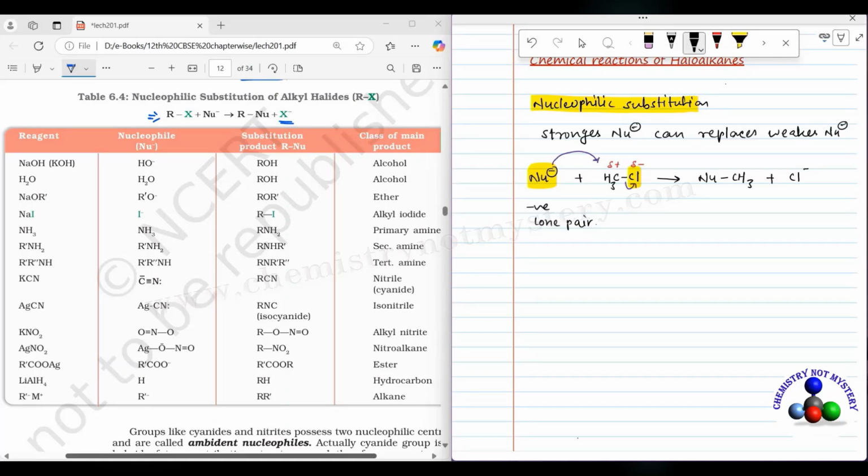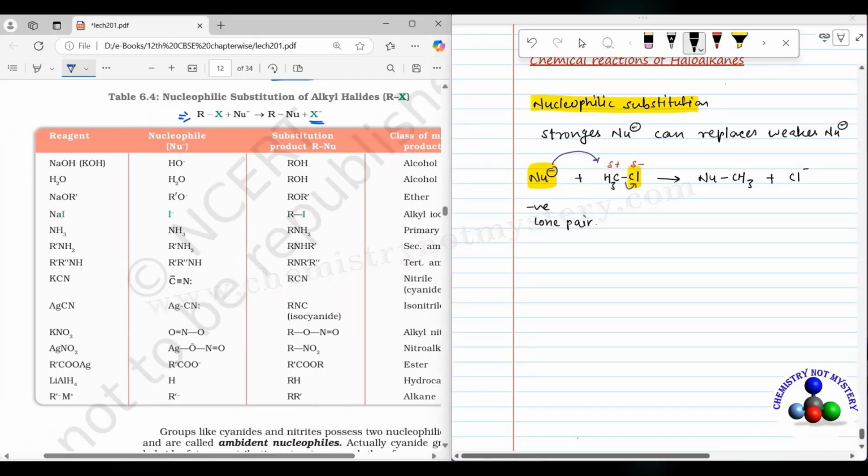Now let's examine table 6.4. In the first column, reagent is given, and in the second column, the nucleophile which is derived from the given reagent is given.